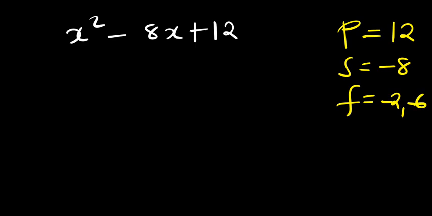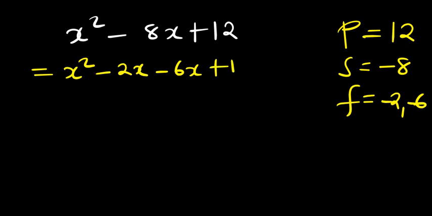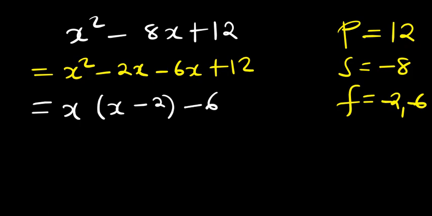So I'm just now going to replace where the sum is. So I'm going to have x squared minus 2x minus 6x plus 12. Then I'm going to separate likewise, like we did in the previous examples. I'm going to factorize the x. Here I'm going to remain with x minus 2, then minus 6.